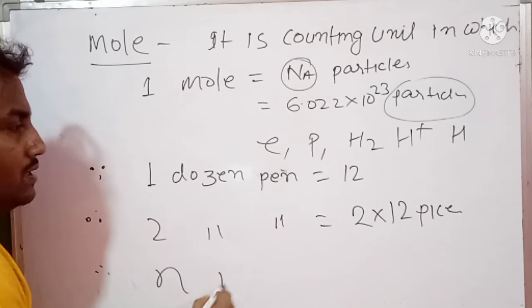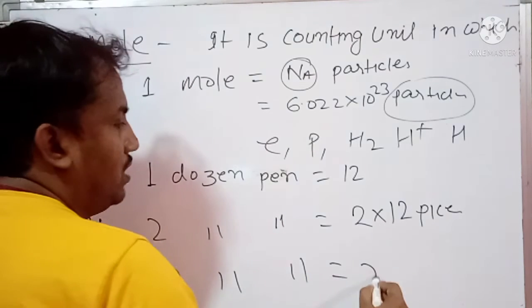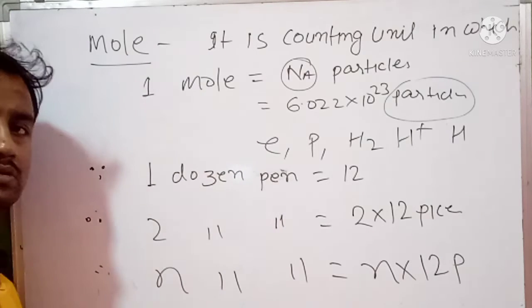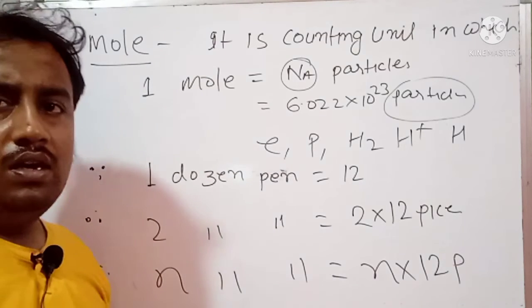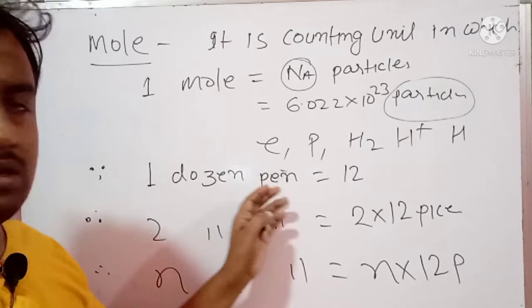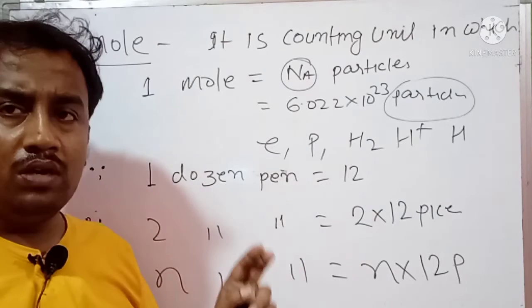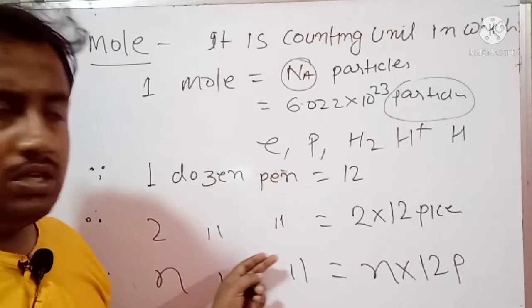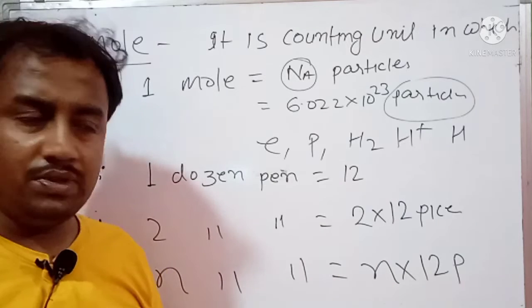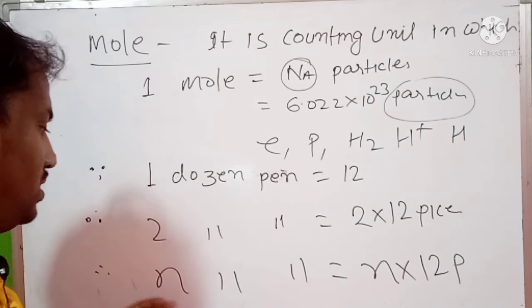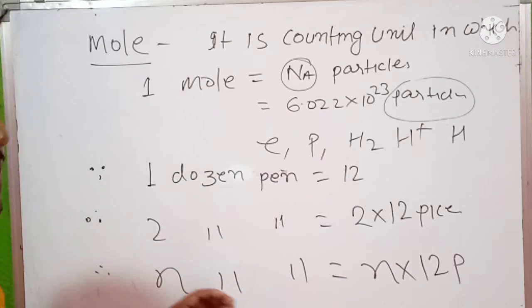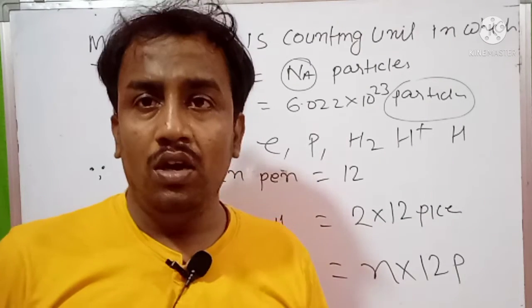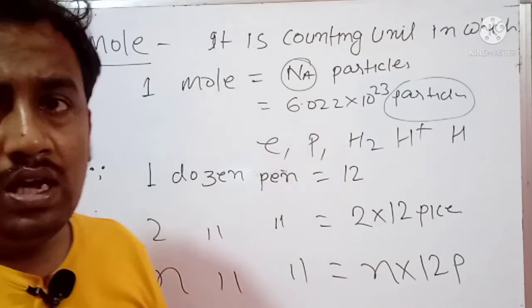If we have n dozen pens, it is equal to n into 12 pieces, which is also countable.